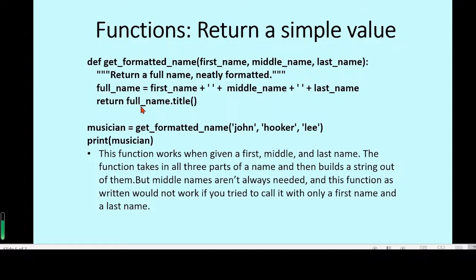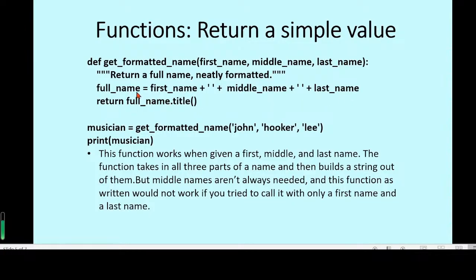So we need middle name in this function. Normally people may write it like this: first name, middle name, last name as the parameters. Then inside the function definition, a full name is concatenated from first name, space, middle name, space, and the last name.